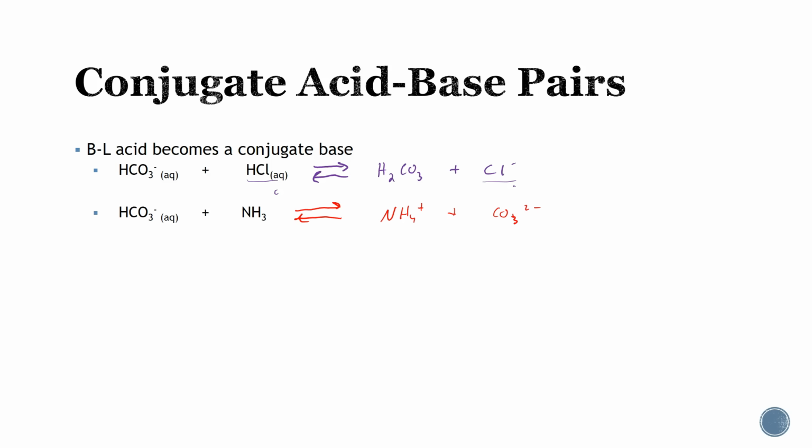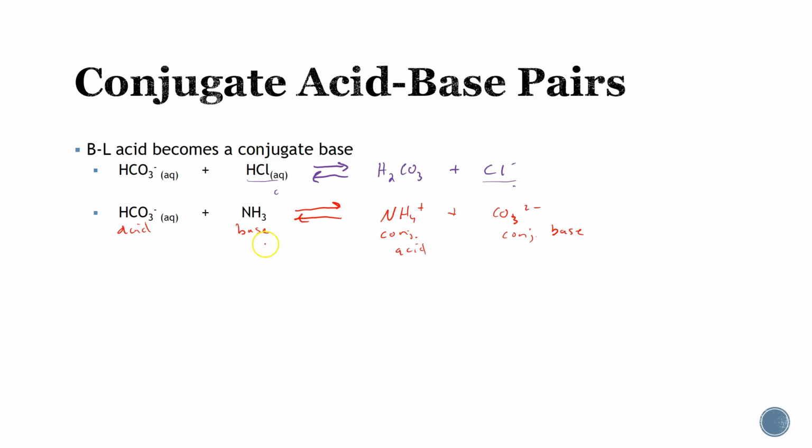In this case, it's pretty easy to tell that this lost the hydrogen, so this is my acid, and therefore this would be my conjugate base. Whereas this is my original base, and this would be my conjugate acid.